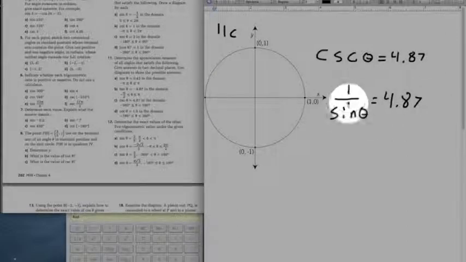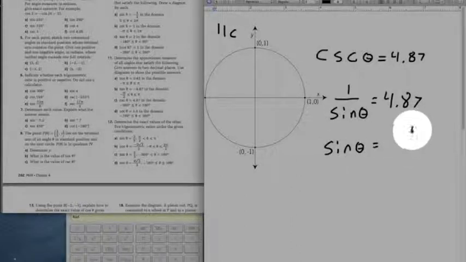This is a fraction, so I can flip this and flip the other side, and then I'll get sine out of the denominator. So sine theta equals 1 over 4.87. It's simply 1 divided by sine theta equaled this, therefore sine theta equals 1 divided by that number. So that's how we do that.